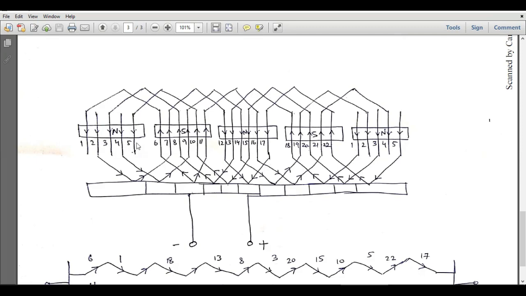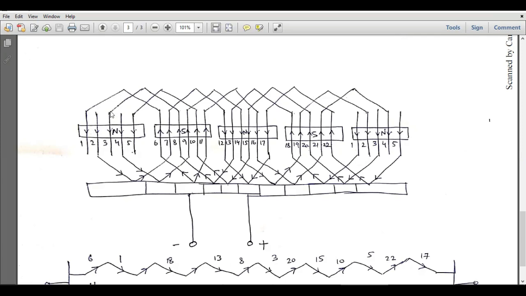It means all winding has been completed, and we must check at the end that all the slots have been considered and no slot has been repeated. So slot number 1, you can see, is connected from the top side and it is also connected from the bottom side. Similarly, slot 2 is connected at the bottom side and it is also connected at the top side.